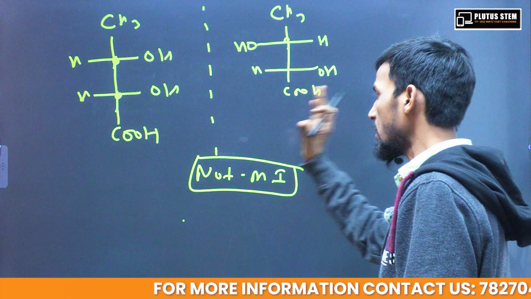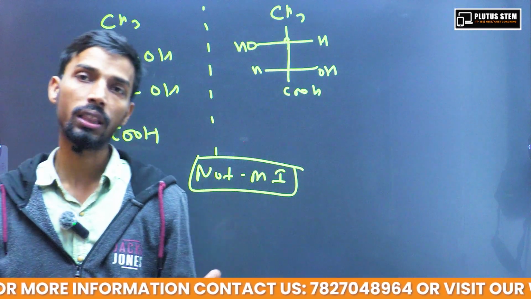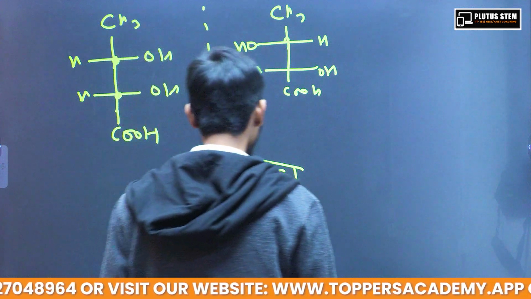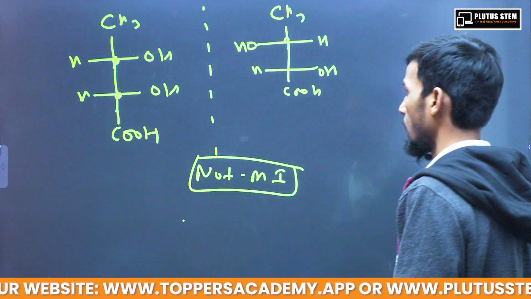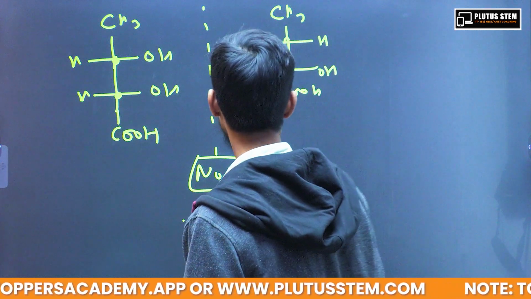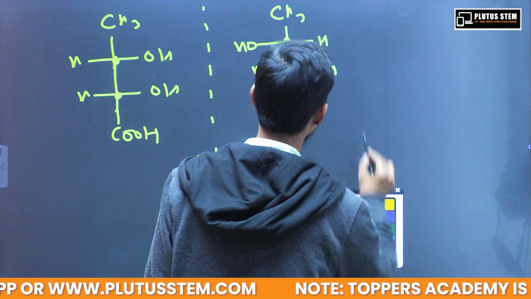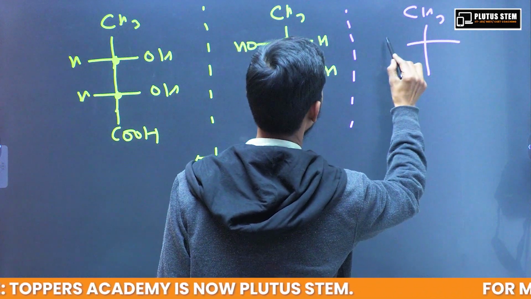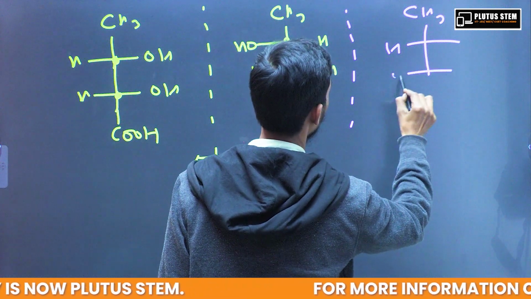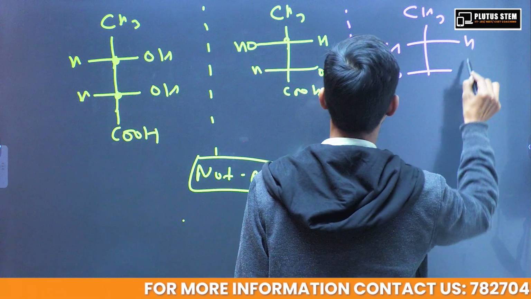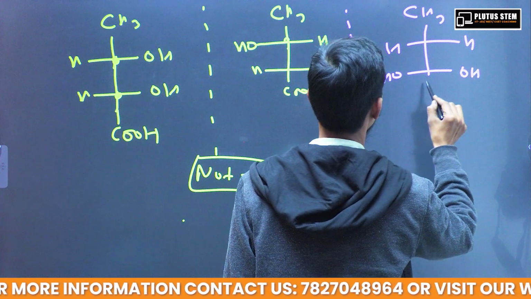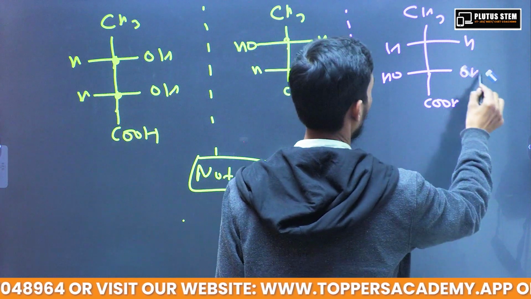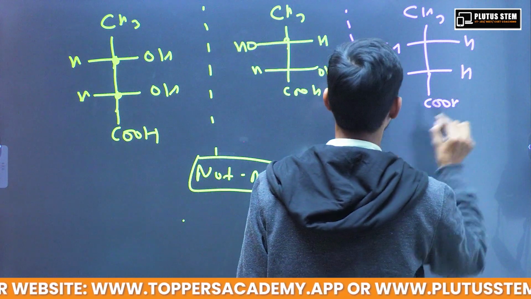Those compounds which are stereoisomers but not the mirror image of each other. So any number of possibilities we can have over here. If you see this compound, this can have an enantiomer like this. A mirror image of this compound will be these two compounds.